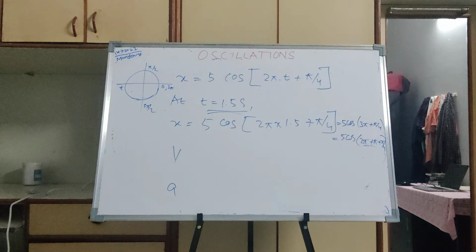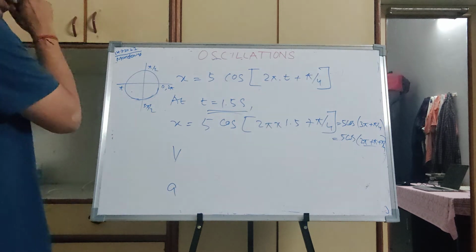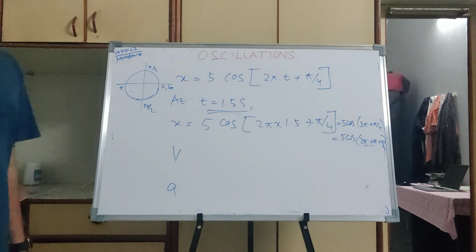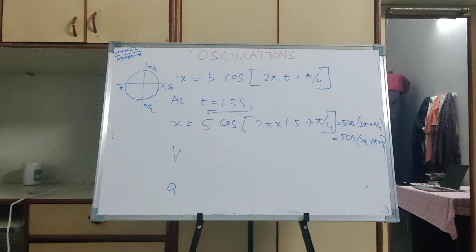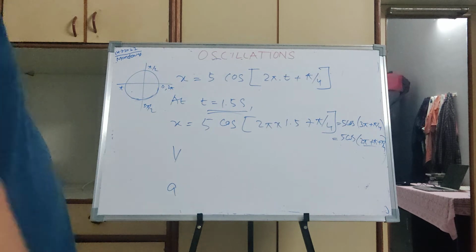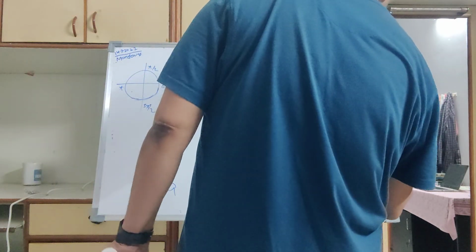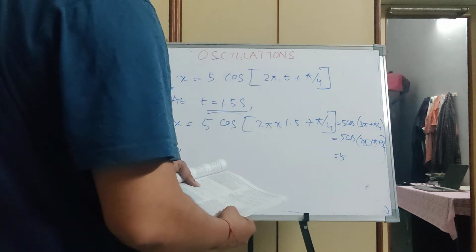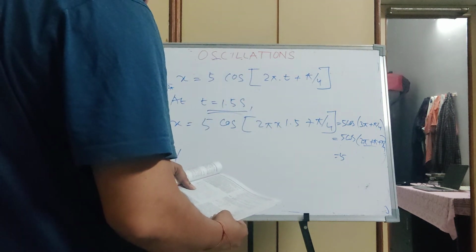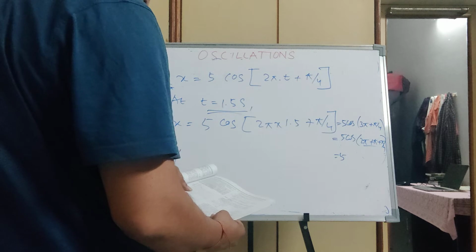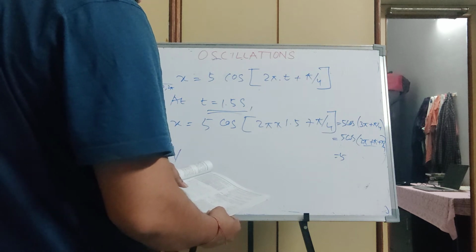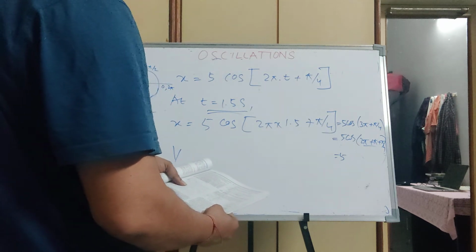This cosine value, if you remember, in the second quadrant is negative. In the third quadrant, it is positive. So it will be 5 into cos of (2 pi plus pi plus pi by 4).